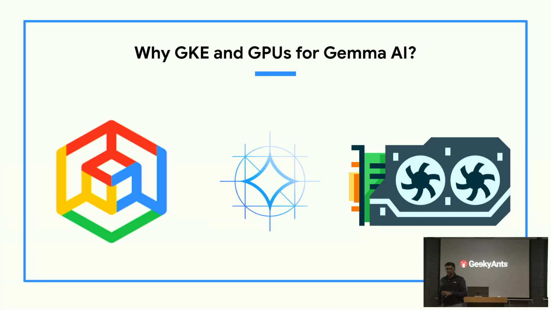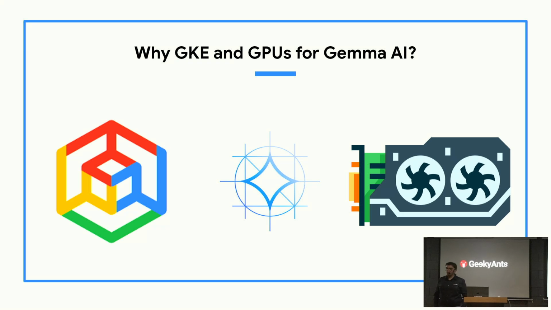So first of all, let's try and understand very simple concepts. Why GPU? Why GKE? And why Gemini? Let's make it interactive. Anyone using any of these combination of technologies? Anyone using GKE?